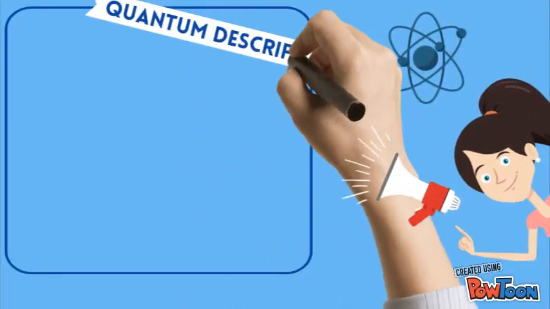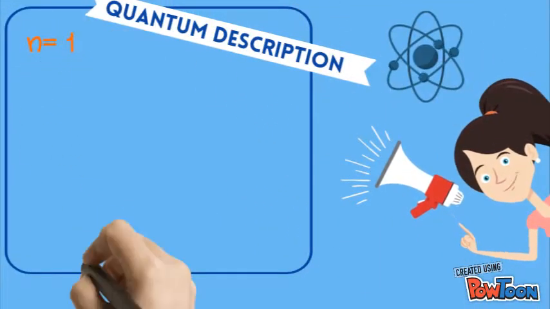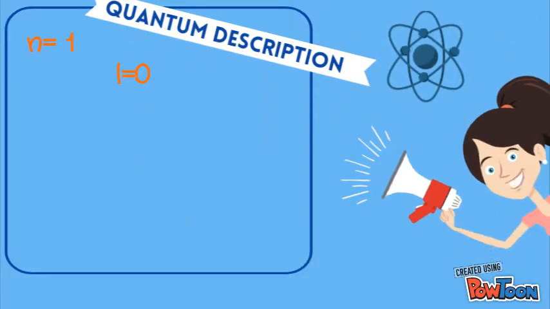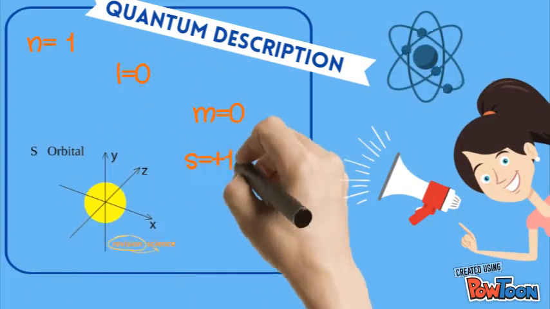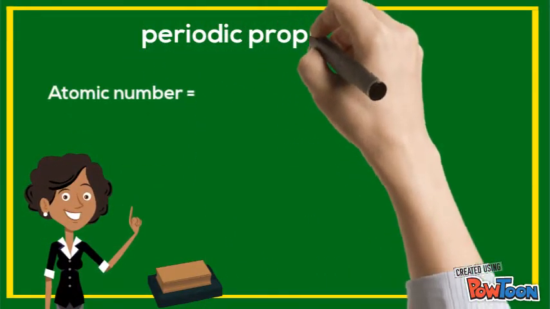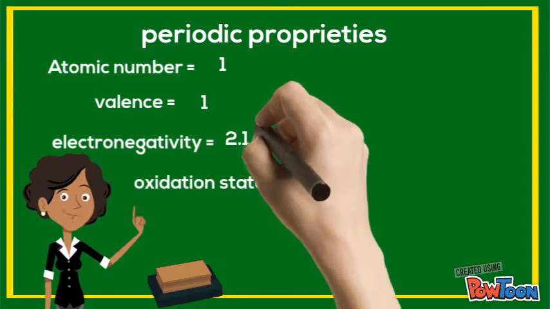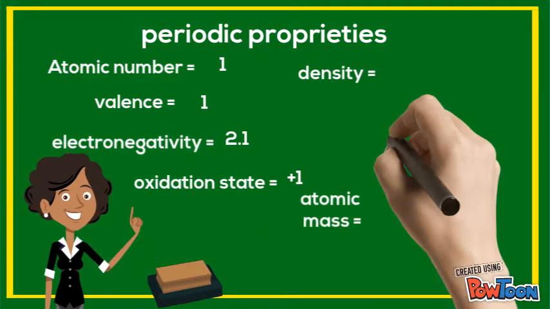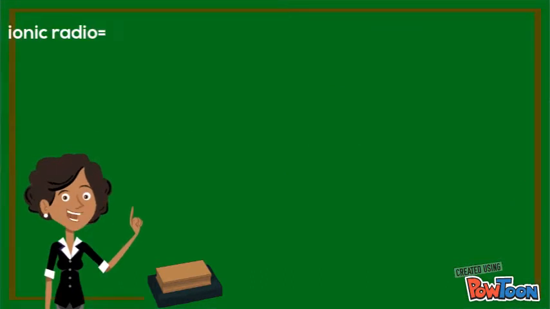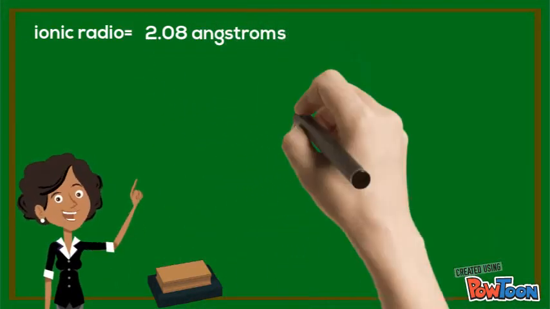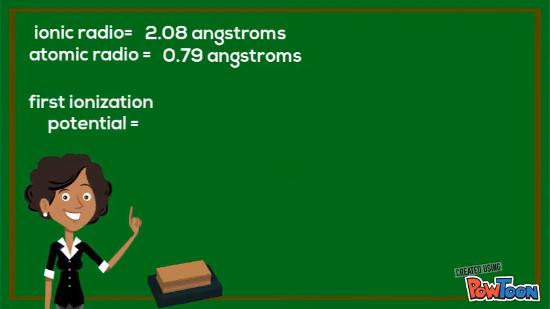And this is the unique quantum description of hydrogen. Its periodic properties are the following, which give a unique identity to the element hydrogen.